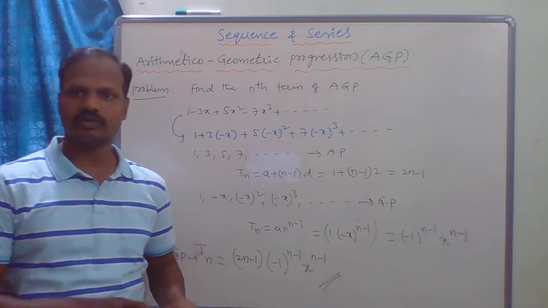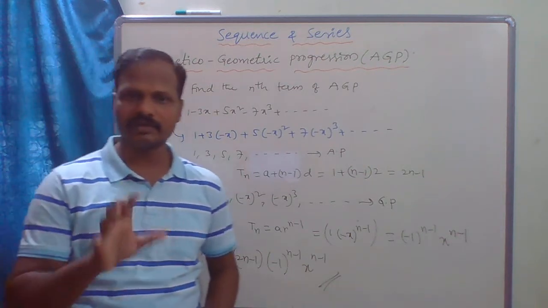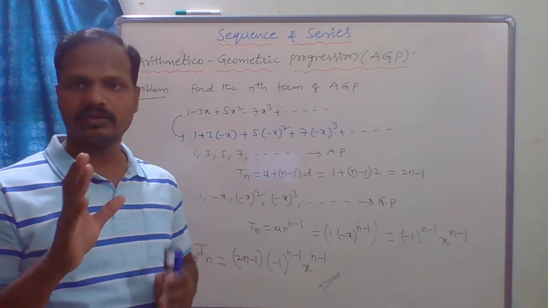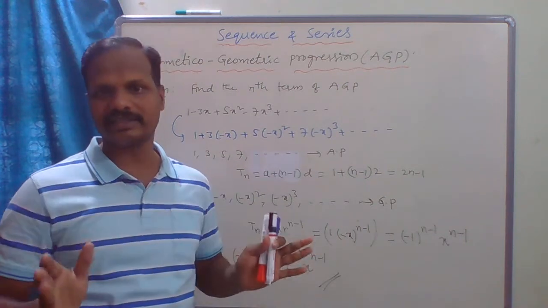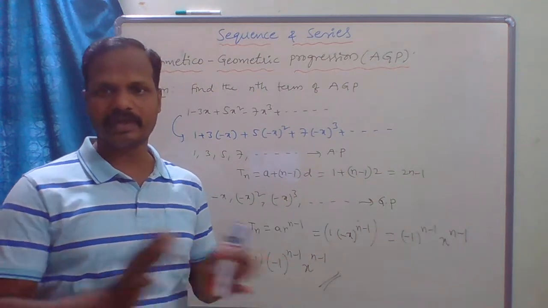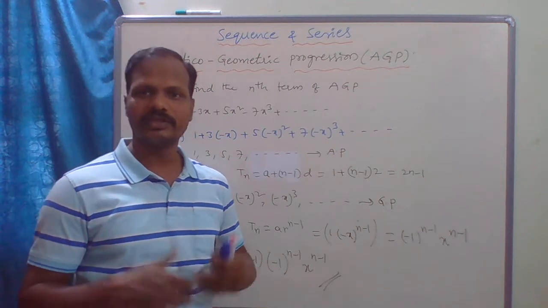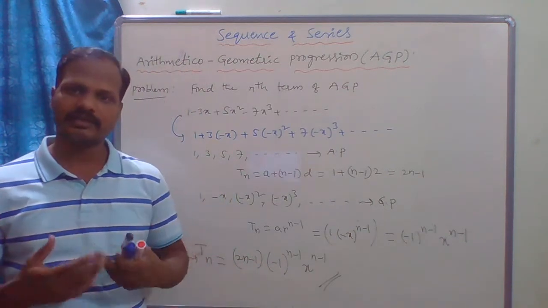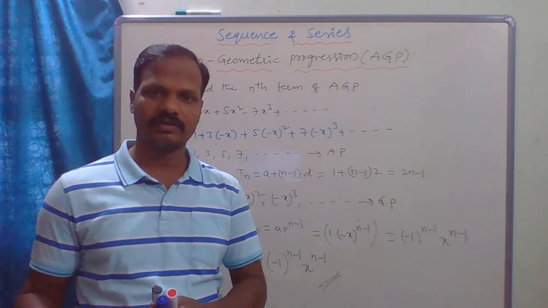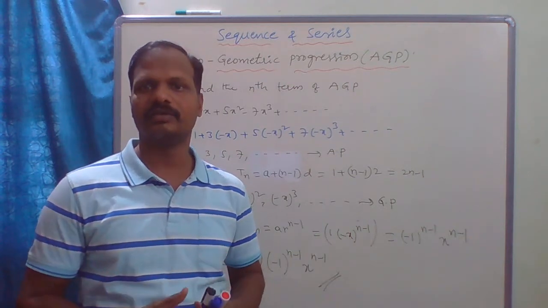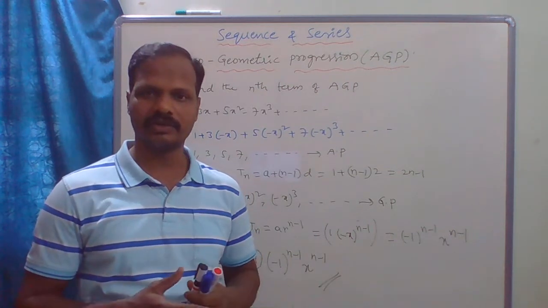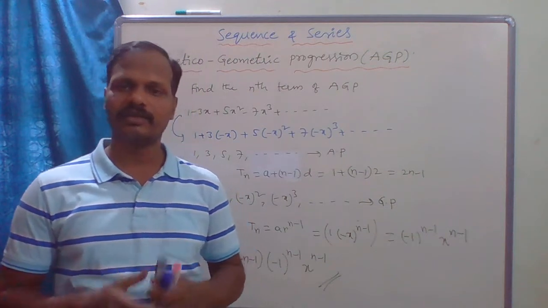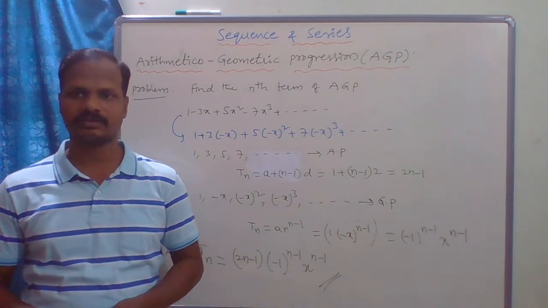Clear? To find the nth term in AGP, first divide the given expression into AP and GP, so it is easy to find the nth term in AP as well as GP. Then take the product. Then it is the nth term in AGP.